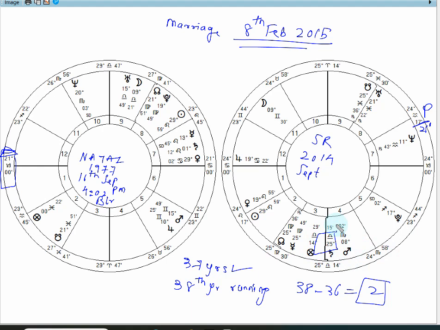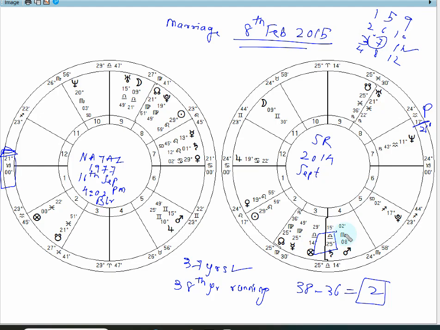As you know, the trinal points are 1, 5, 9; 2, 6, 10; 3, 7, 11; 4, 8, 12. The profected ascendant is in Aquarius, which is the 11th zodiac sign, and Saturn is at 25 degrees of Libra. So Saturn is actually trining the profected ascendant.